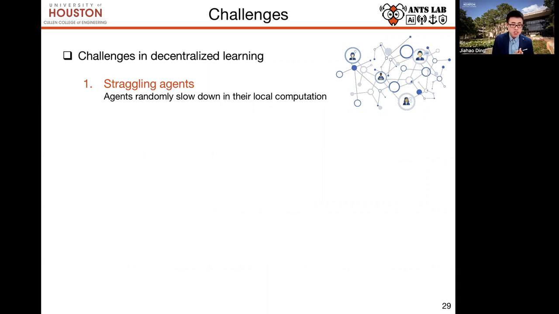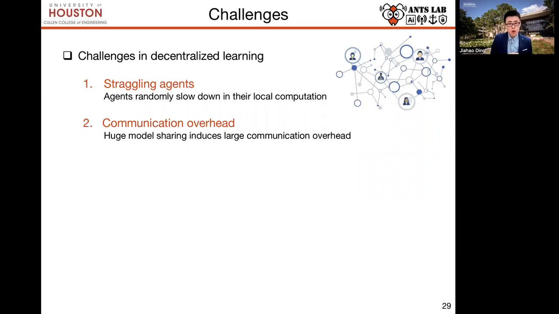The computation speed and the computation load of each agent may be different, which can substantially slow down the overall system efficiency. Also, as the learning model grows, the model exchange among the agents brings a significant communication bottleneck. And the third one is the privacy concern, as the model sharing among agents introduces potential privacy leakage.